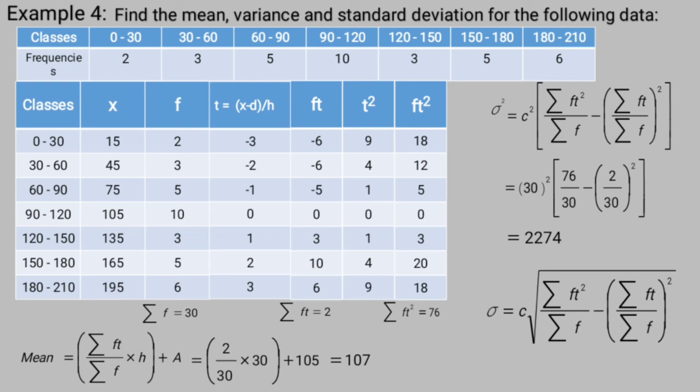And for the standard deviation, simple, we have to take the square root of the variance value. So root of 2274 is what? 47.71. I think children, you have understood the concept of mean, variance and standard deviation. Thank you.